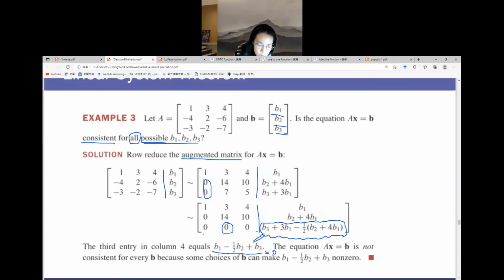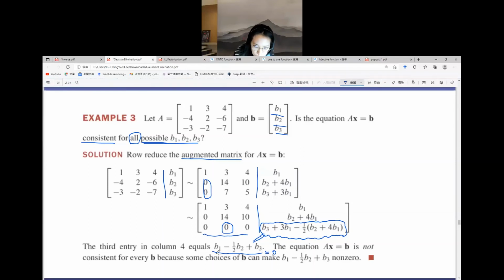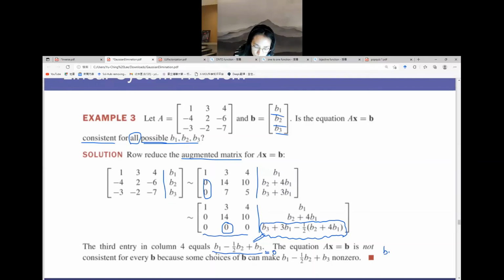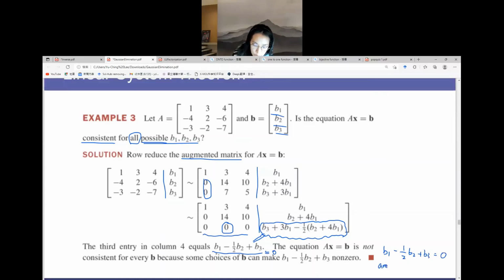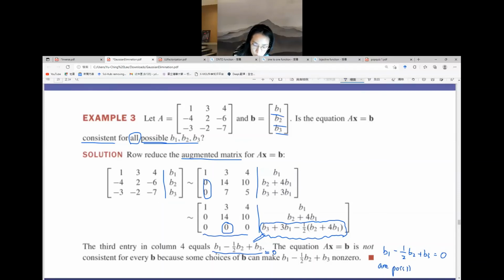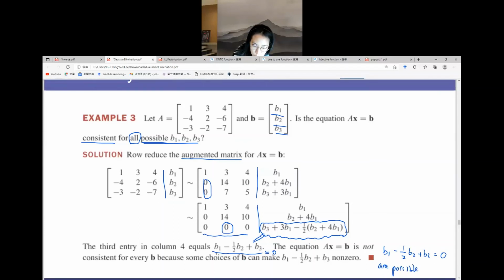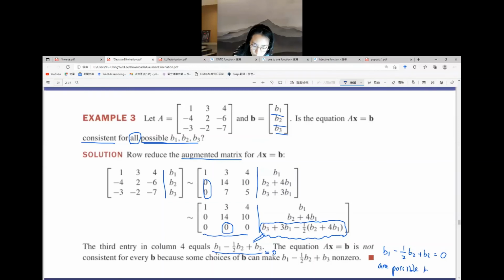Because the only possibility is that I have B1 minus 1/2 B2 plus B3 equals 0 for the possible B1, B2, and B3.